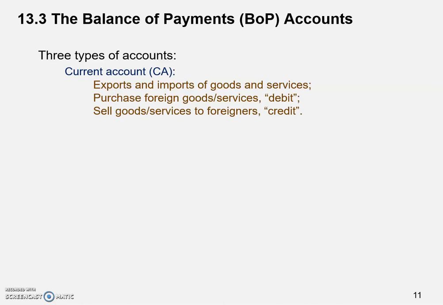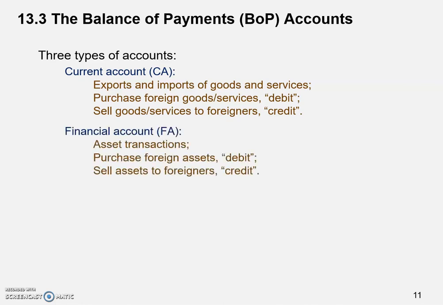When we purchase foreign goods and services, money flows out to make the payment, so it's going to be a debit for the United States, if the country here is the U.S. And when we sell goods and services to foreigners, the money flows into the United States, so it will be a credit.